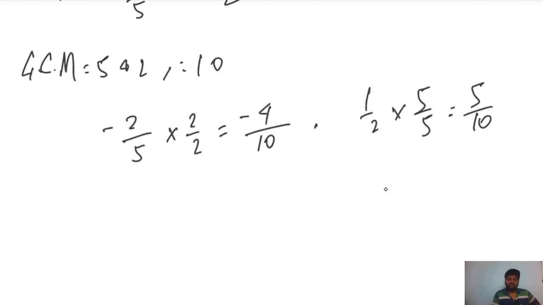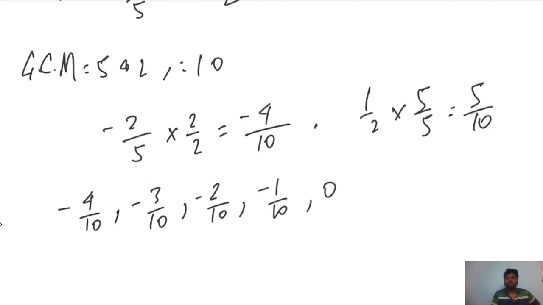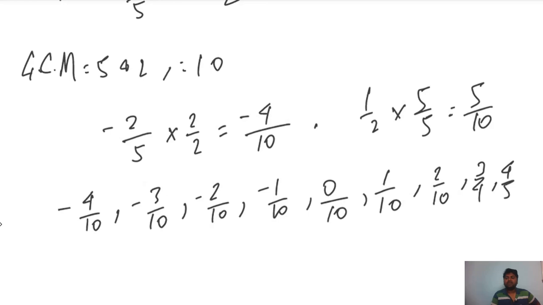Now we represent these numbers: minus 4 by 10, minus 3 by 10, minus 2 by 10, minus 1 by 10, 0 by 10, that means 0, then 1 by 10, 2 by 10, 3 by 10, 4 by 10 and then 5 by 10. So here we get 8 numbers in between.